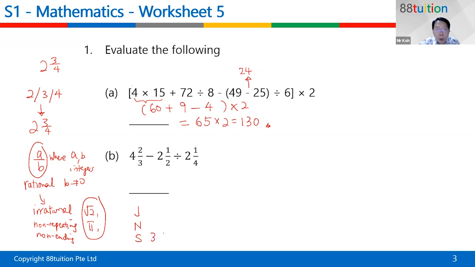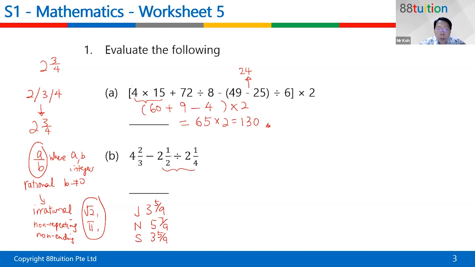Okay, so that's your answer. So 579, that is Nikhil's answer, and 359, that's Jaden's answer. Okay, let's see what's going on here. So in the order of operations, we will do divide first. So in order to do divide, we need to change this to improper.